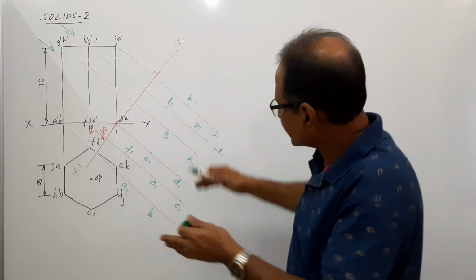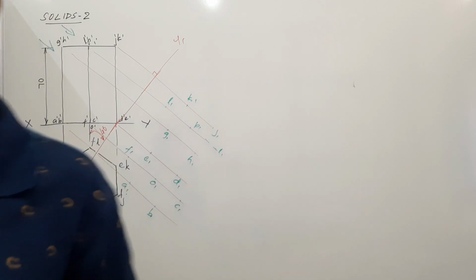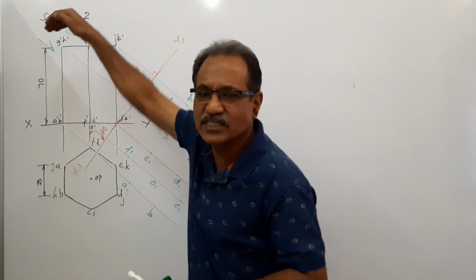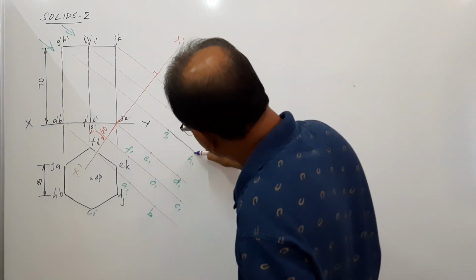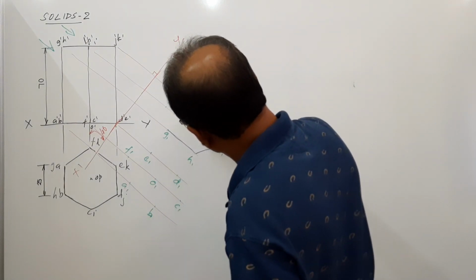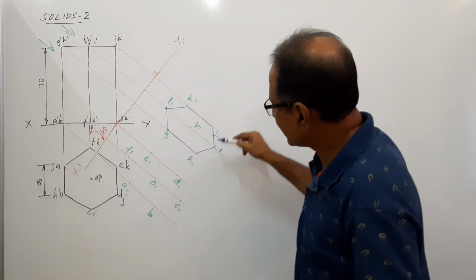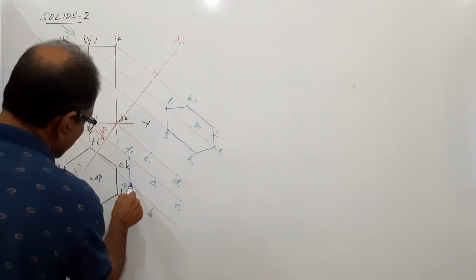Out of the two hexagons, which will be visible? The one which is nearer to the observer. This is the one which is nearer to the observer when you look from there. Make it firm. G, H, I, J, K, L firm.